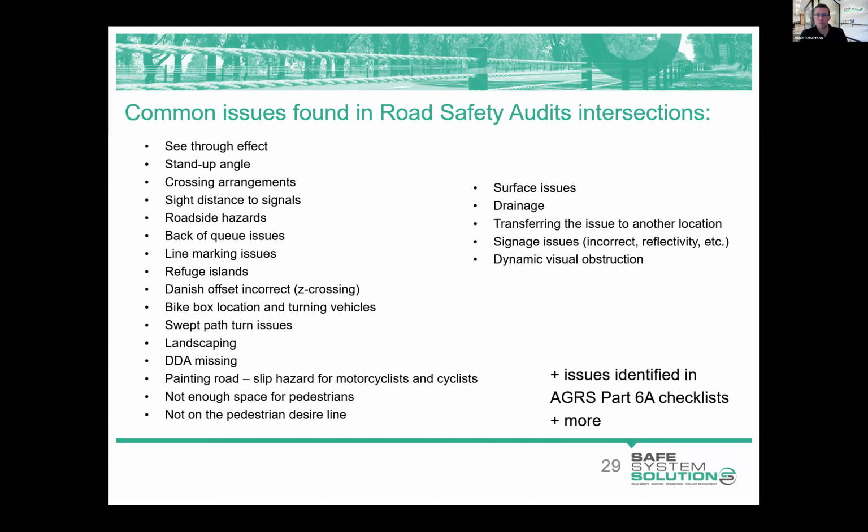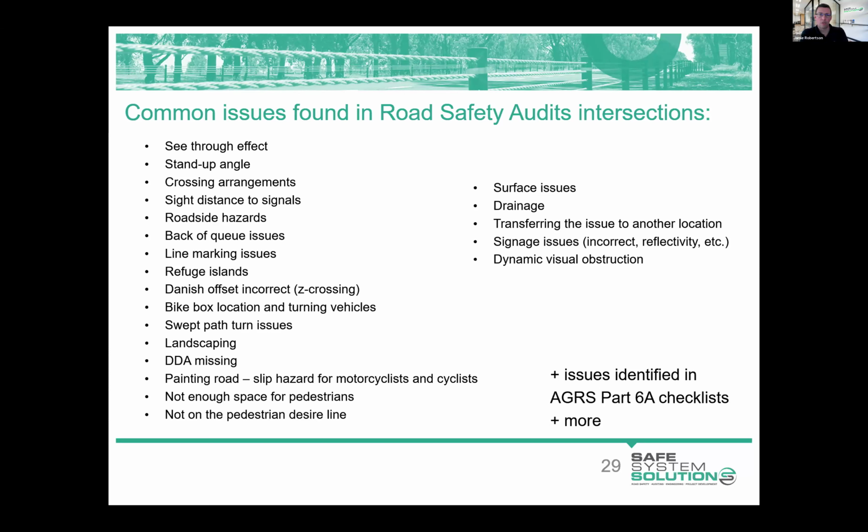These are just some of the many issues listed in those checklists, and I encourage people that are fairly new to auditing to use those checklists and make sure that they are considering all of those issues. Many of the issues in the checklist won't apply to a particular situation, but it's a good exercise to refer to those checklists to make sure you're covering everything.